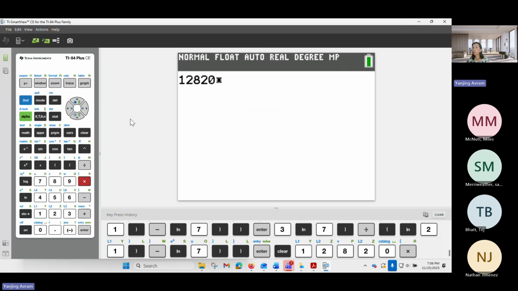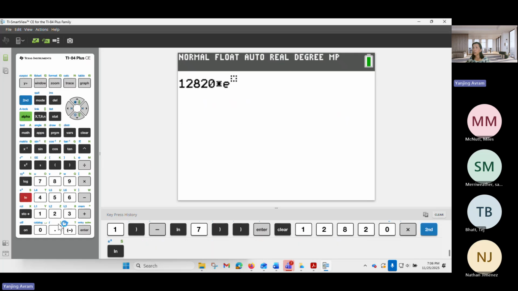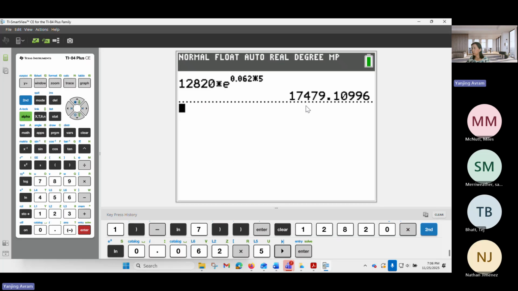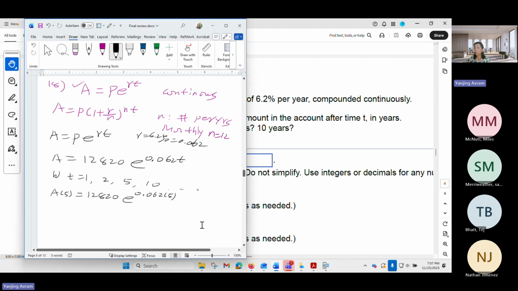You need to see where e is: second ln is e. So e to the 0.062 times 5, and then you hit enter. We usually like to round to 2 decimal places, or whatever the question asks. So you have 17,479.